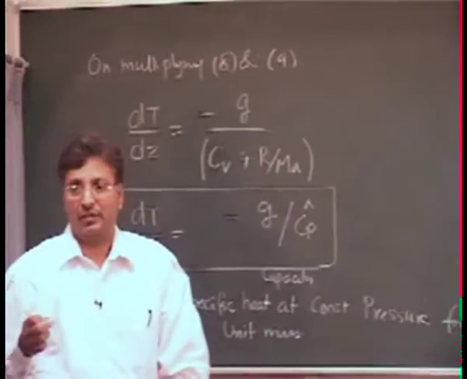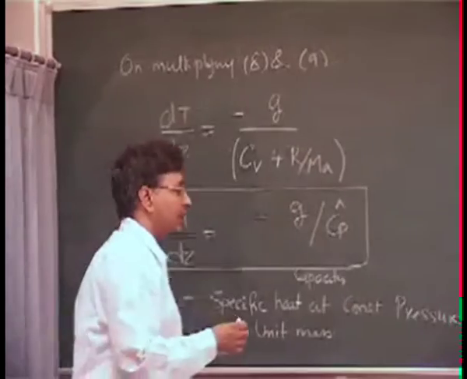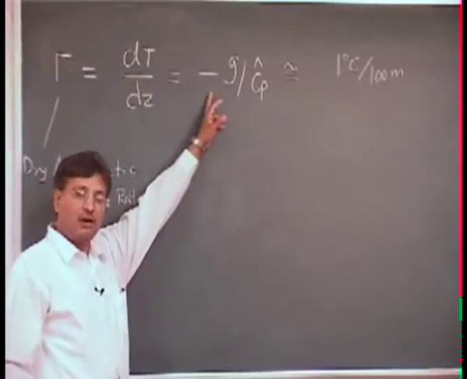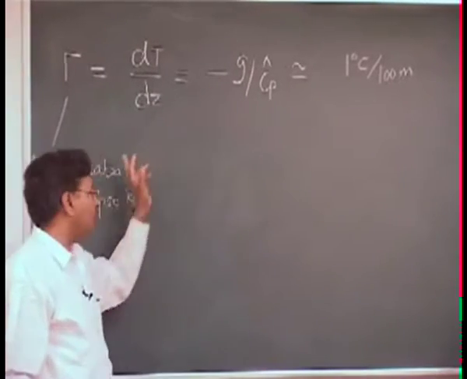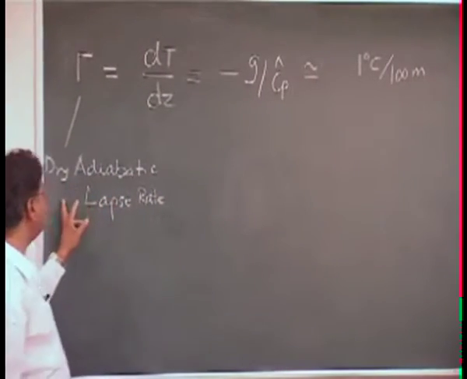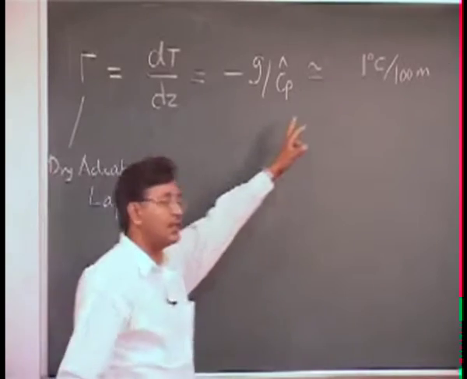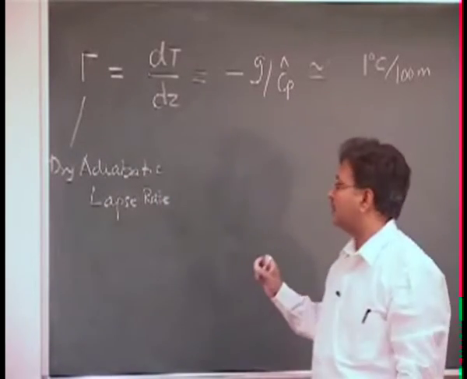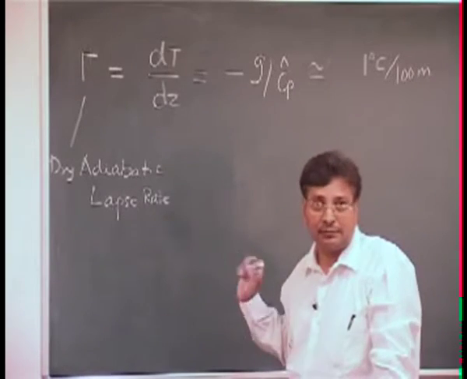You will make mistakes. So that point I want to make clear to you. This minus sign is already taken in when you are talking about the lapse rate, because your word is the lapse rate. So the lapse rate is this thing. That is a very, very important thing which we came up with.